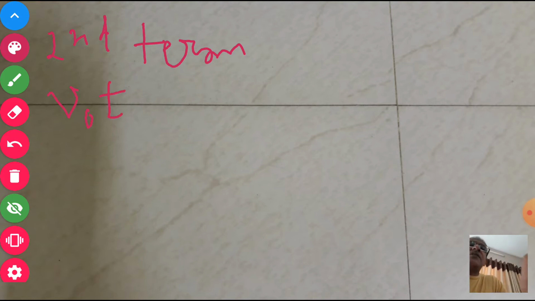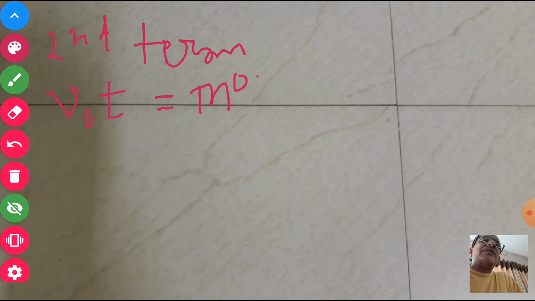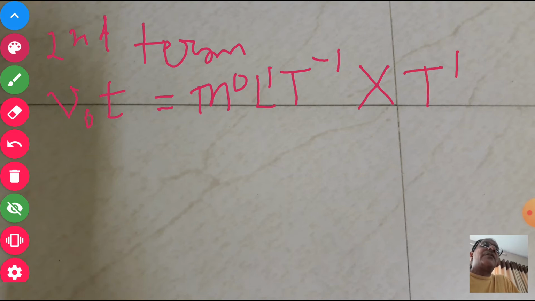Write the dimensions of v0. v0 is measured in meter per second, so the dimension will be m0 L1 t raised to minus 1. Multiply by the dimension of time, that is t1. So t raised to minus 1 and t raised to 1 are added, minus 1 and 1, so it becomes 0. So the dimension of the second term will also be L1.